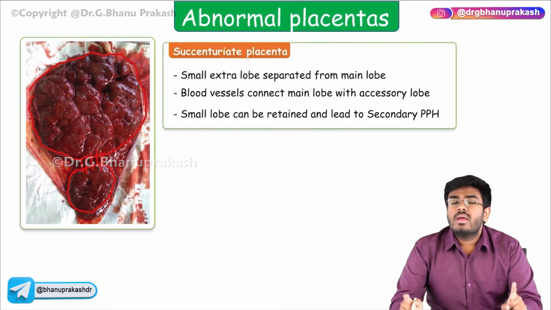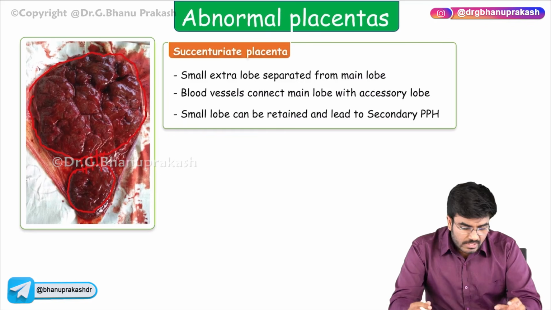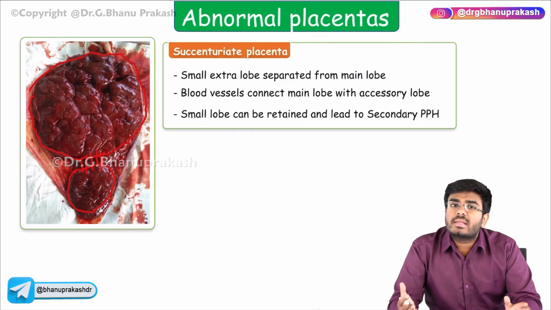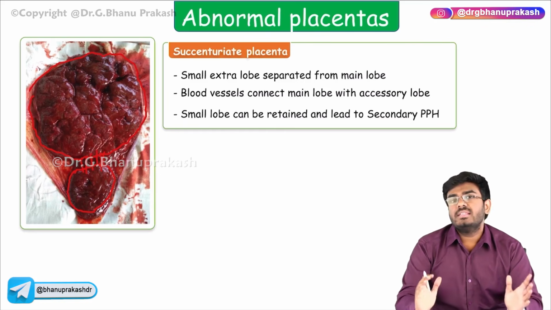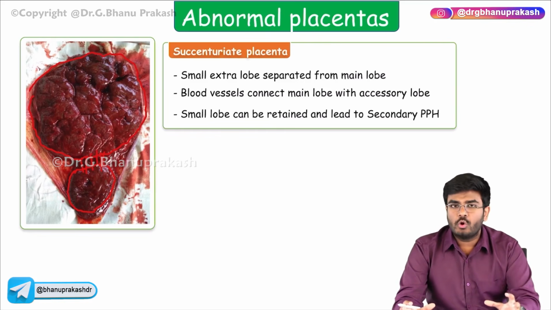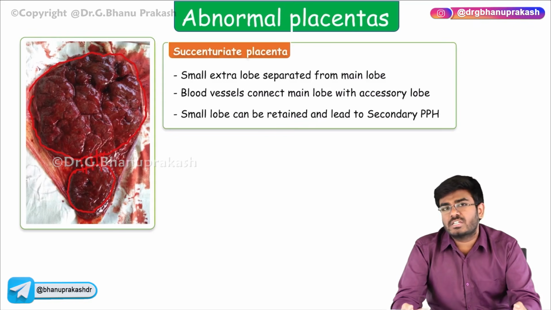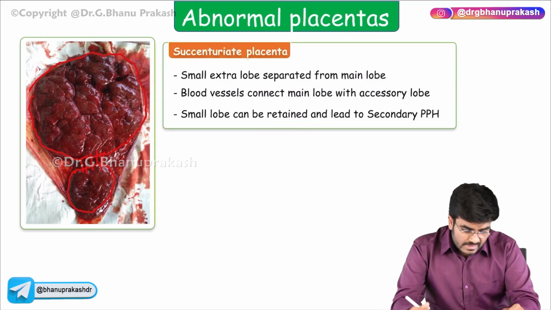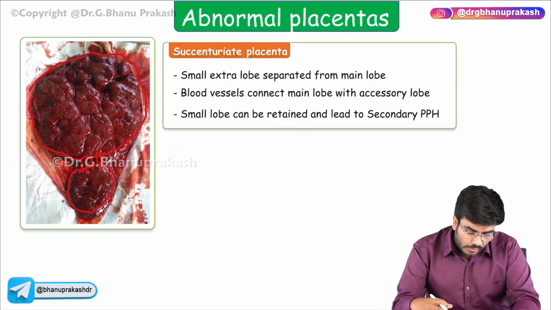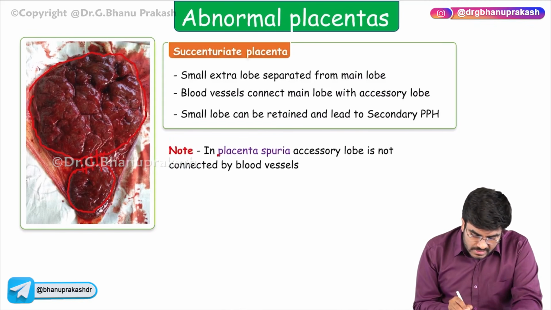Very important point: if these two lobes are not connected by blood vessels, that is a type of placenta where there are two lobes, one big and one small, but there is no vascular connection between them. It is known as Placenta Spuria. What exactly is Placenta Spuria, guys?